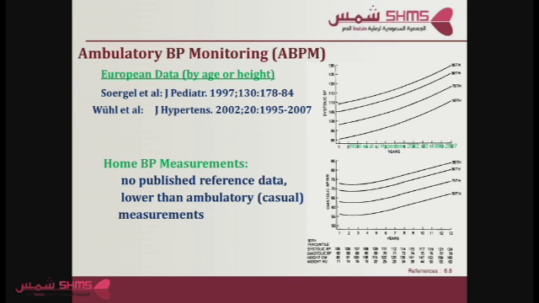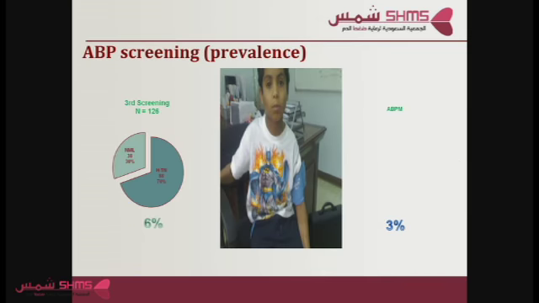In our proposed message in the guideline, instead of going to a comprehensive investigation, we should go for ambulatory blood pressure monitoring to see whether they are really hypertensive or not, because investigations looking for secondary hypertension in pediatrics are very costly. Unfortunately, we don't yet have our own centiles, so we have to use these centiles, which are almost similar to the height and weight of our kids. That's why I put it for you.